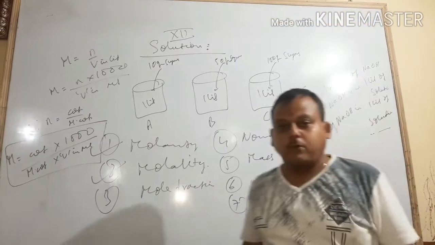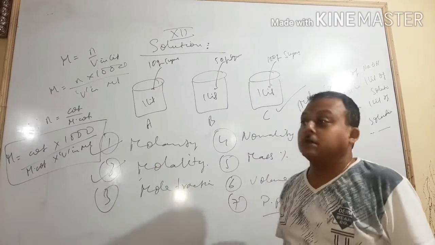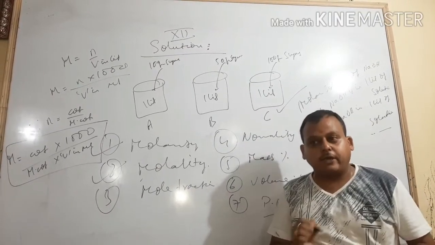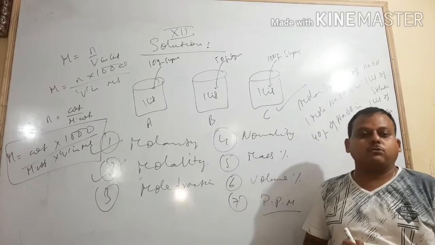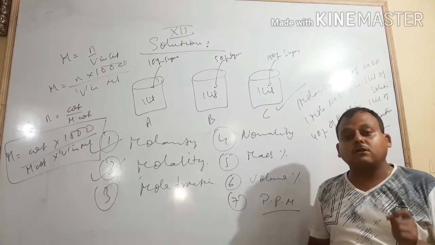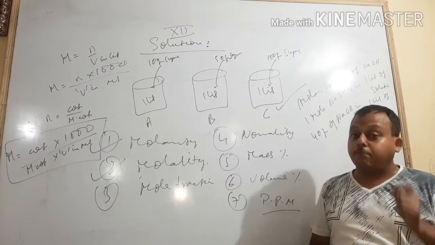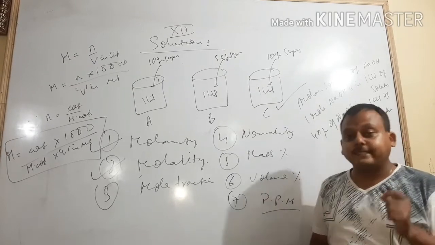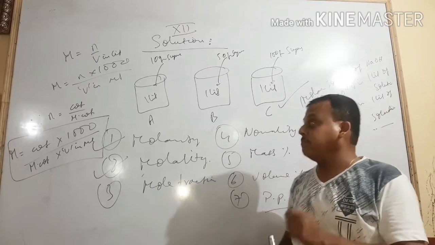Now the second point is molality. Molality can be defined as the number of moles of solute present in 1000 gram of solvent, or per kg of solvent. It is represented by small m.